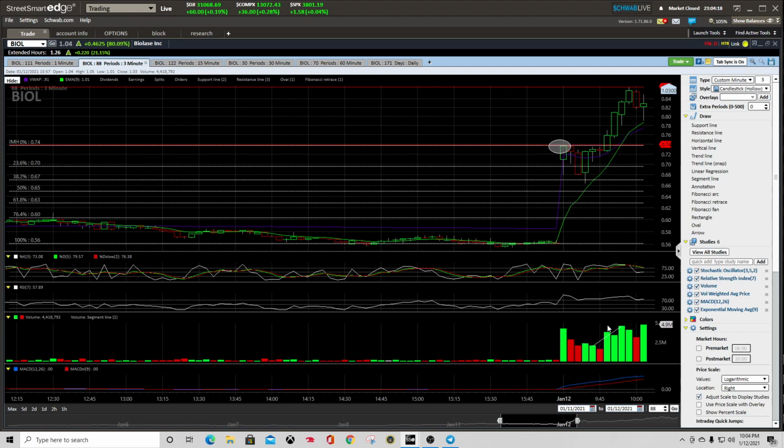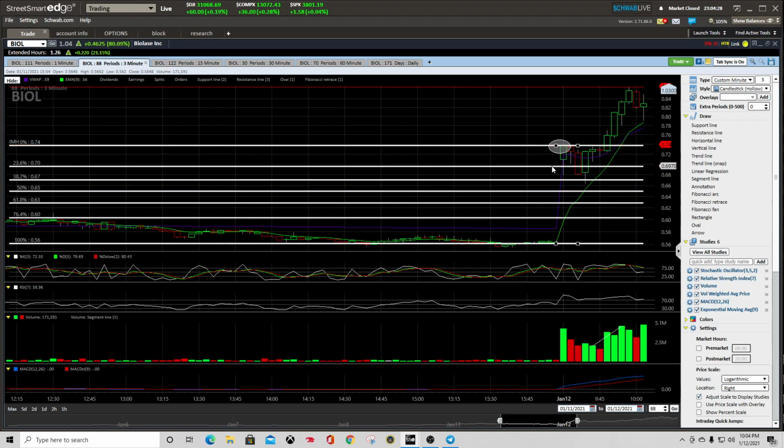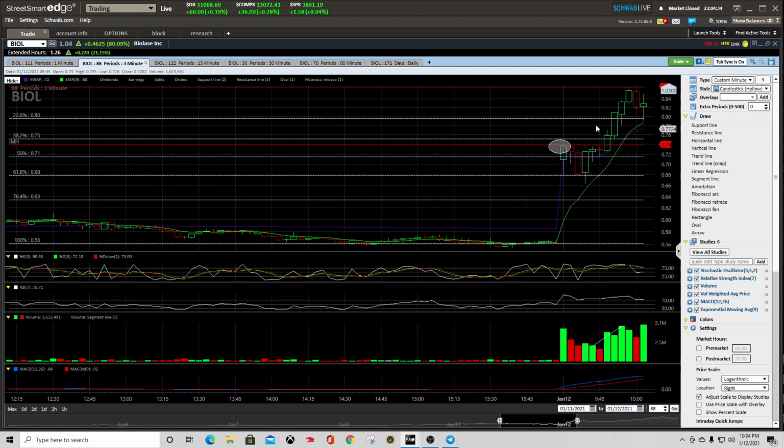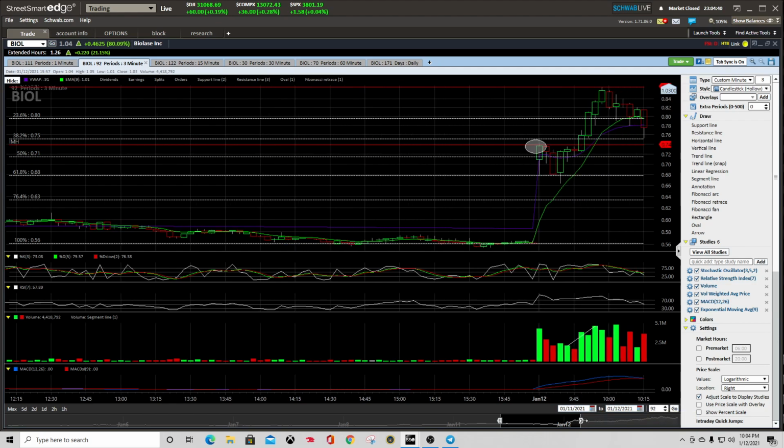That confirms that this stock is strong, and that it could have continuation. Not that it will, but it could. But now we got a new high. So now you want to draw out your fibs, extend them to the new high. Okay, now let's continue.